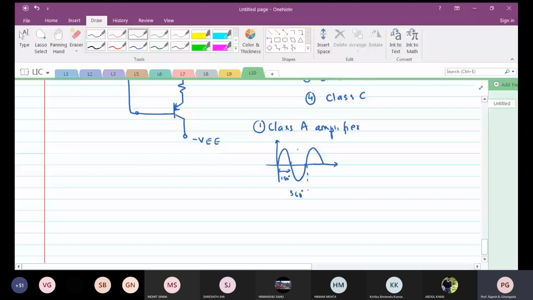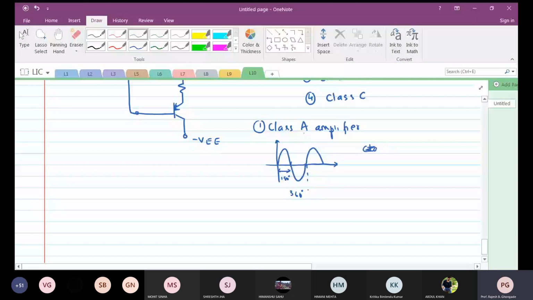So if the amplifier is able to amplify the full cycle, that is, all 360 degrees of the time it is conducting, it is called class A. That is what we have seen.